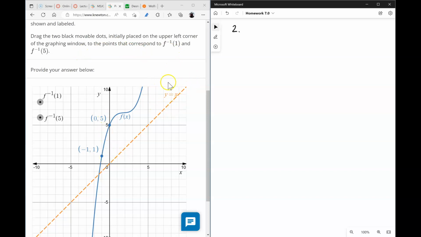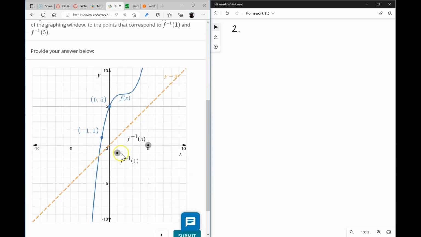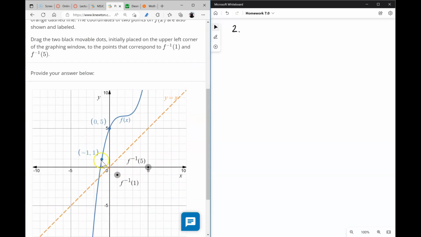So the idea is that when the function is given to you by a graph, to find its inverse means to reflect the graph of the function over the line y equals x, and that will be the equivalent of swapping x and y. So your x becomes y and your y becomes x. Now the result serves as the inverse function. So here, what I did, I just simply reflected the points through this line. So it's like a mirror reflection.